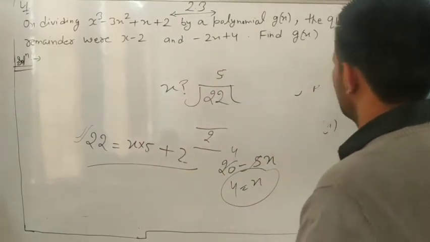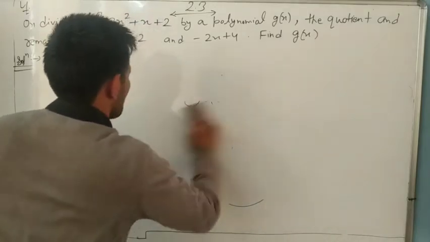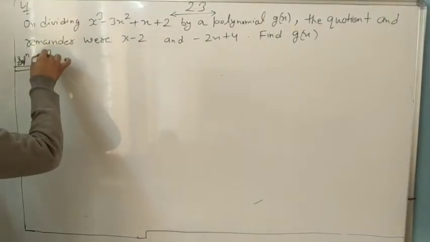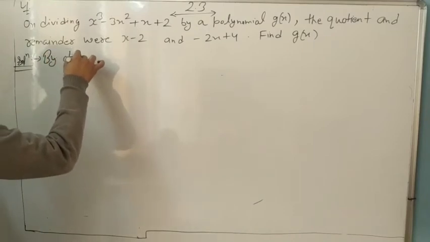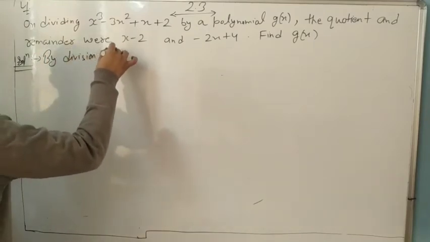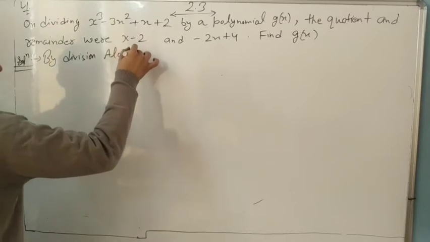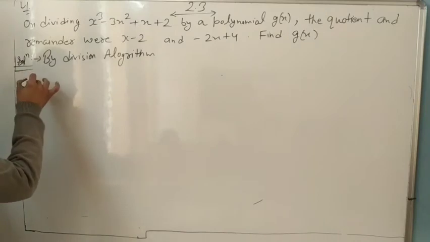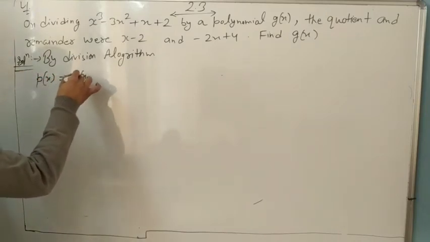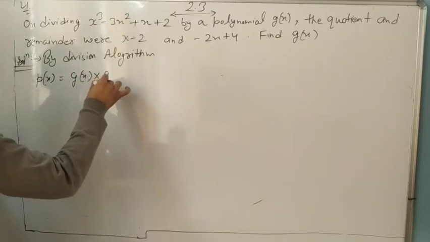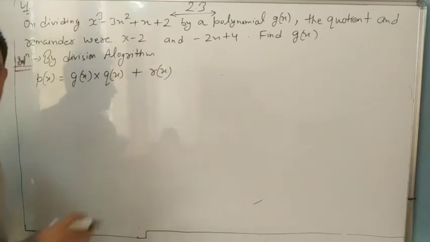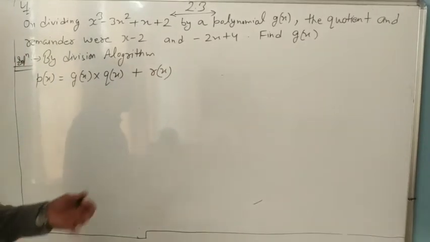So we will write by division algorithm, you can write p(x) equals g(x) into q(x) plus r(x). Do you understand it? I only write it.